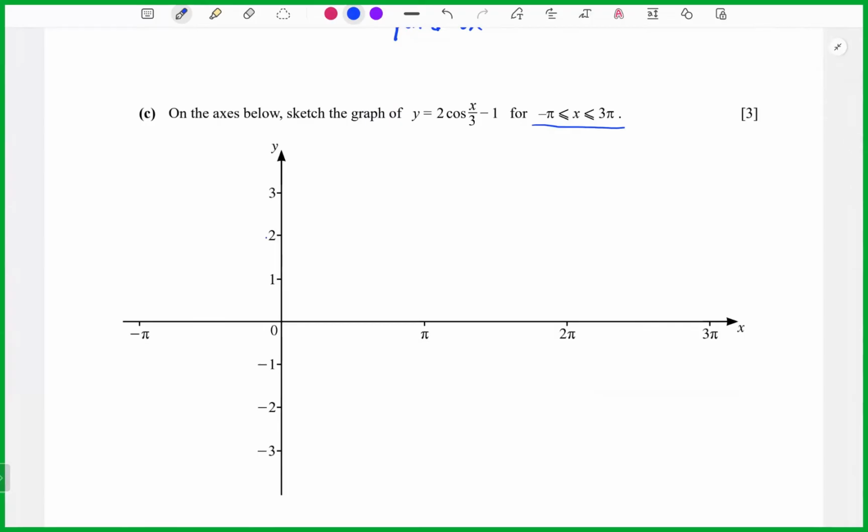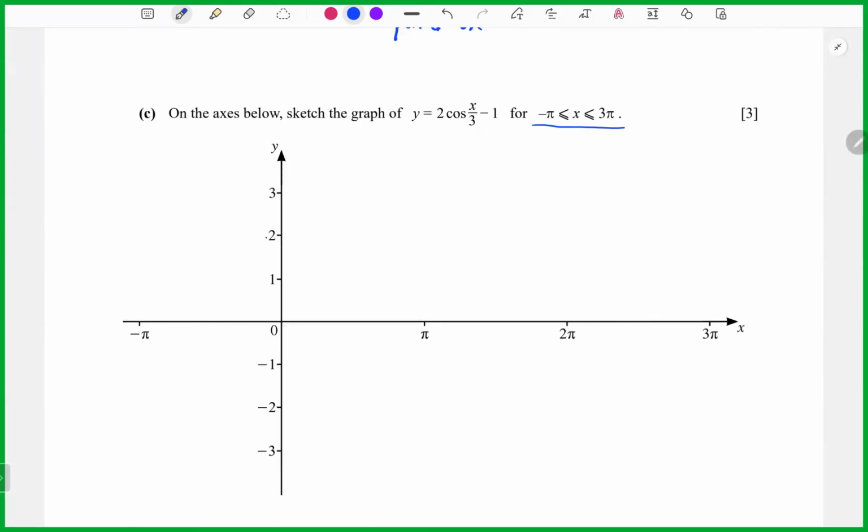Because the graph already gives you the values for the x-axis and the y-axis, it's very easy to write it out first. So now we find this curve first. We sketch 2 cos(1/3 x). After that, you change to the negative one.